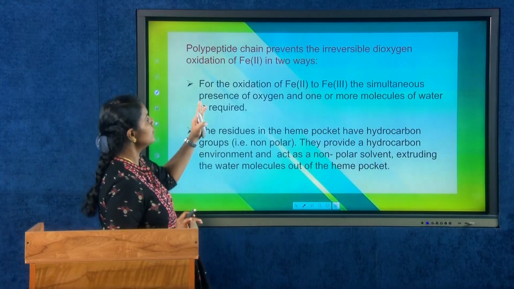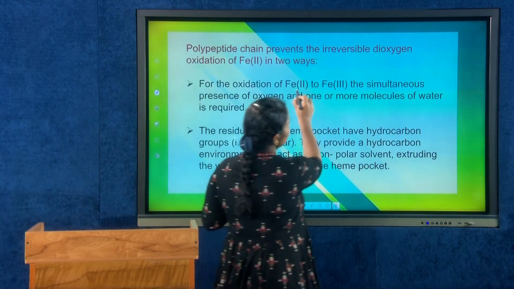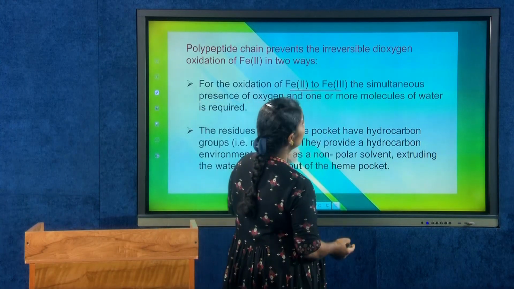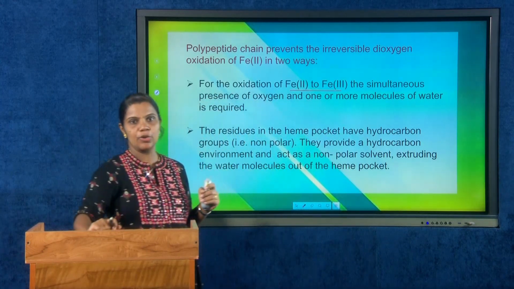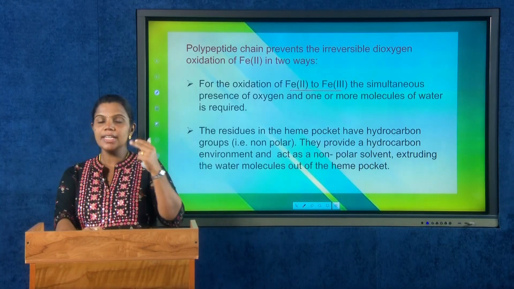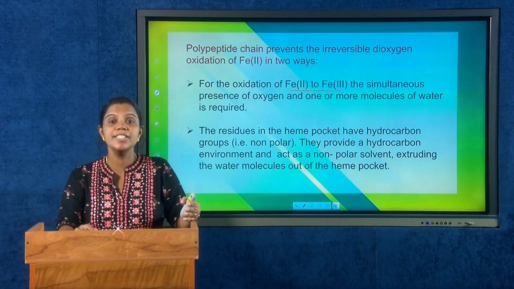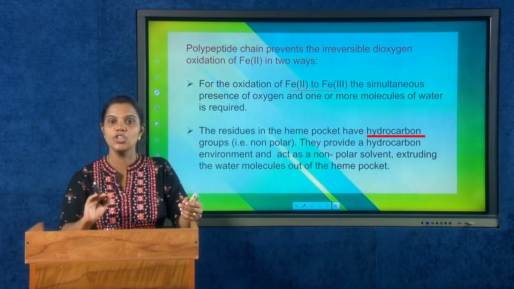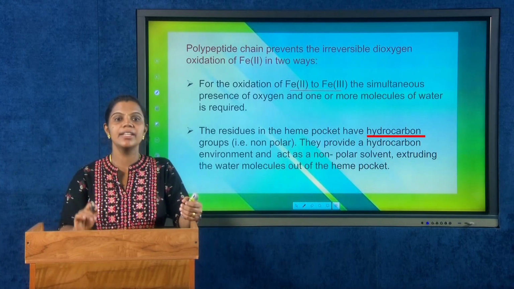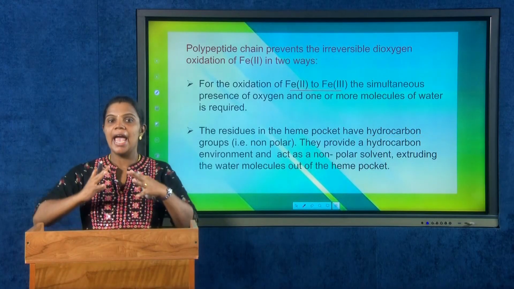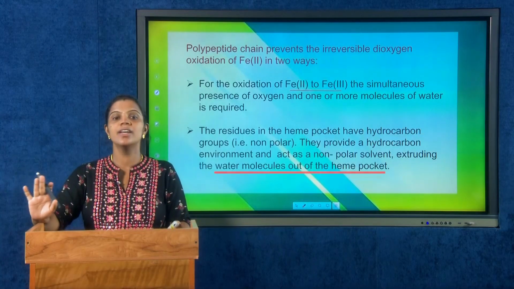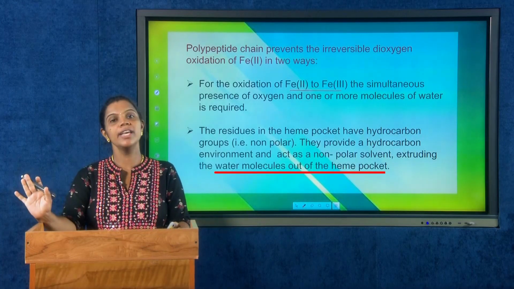For the oxidation of Fe2+ to Fe3+, the simultaneous presence of oxygen and one or more molecules of water is required. So, what the globular chains will do is that the residues in the heme pocket have hydrocarbon groups, that is the non-polar group. They provide the hydrocarbon environment and it will act as a non-polar solvent extruding the water molecule out of the heme pocket.